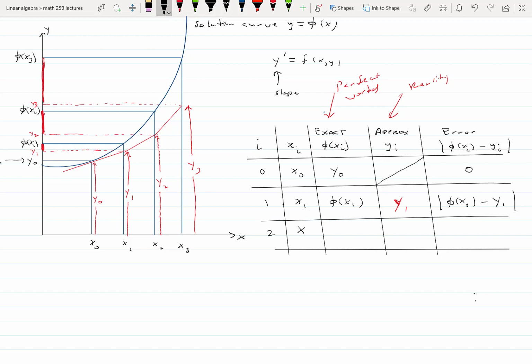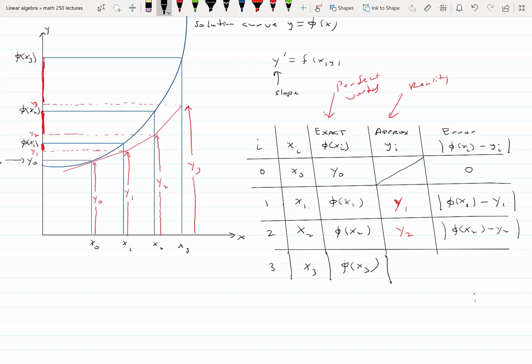At x2, we have the actual value phi of x2. We have the approximation y2. We have the error as the true value phi of x2 minus y2, and it's the second thicker red vertical shaded portion in there. And finally at i equals 3, we have x3. True value would be phi of x3, way up top on the solution curve.